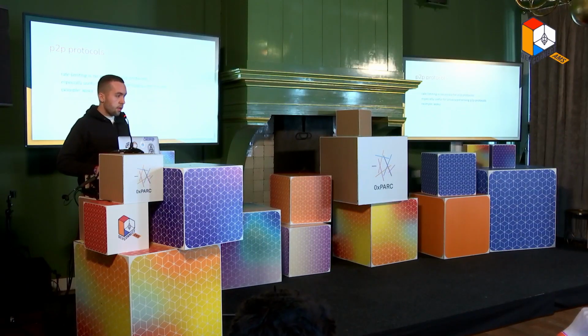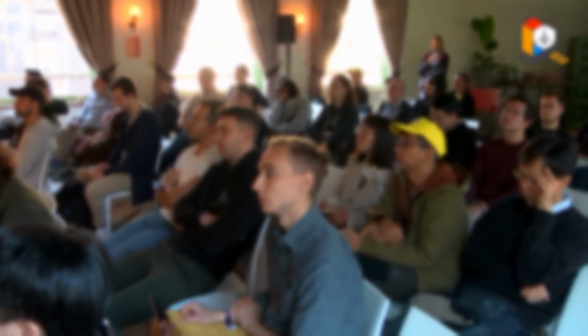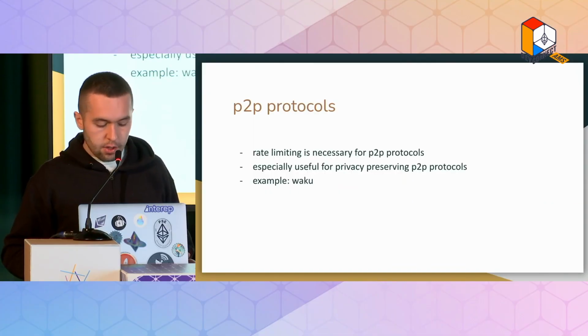An additional use case is peer-to-peer protocols in general. Oscar gave a presentation on Waku yesterday, where they have a privacy-preserving peer-to-peer protocol and want to replace the GossipSub extended validators and peer scoring rules with RLN, as a stronger mechanism for more global spam prevention.